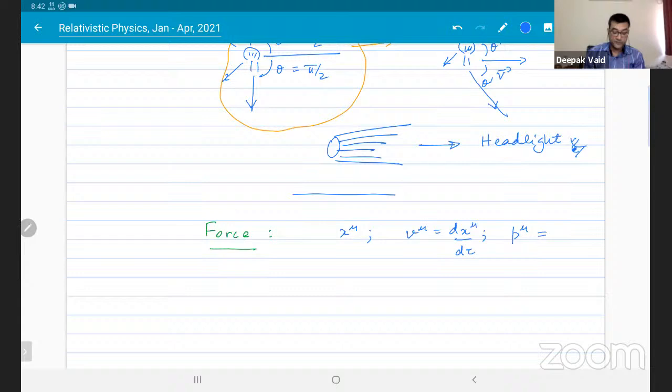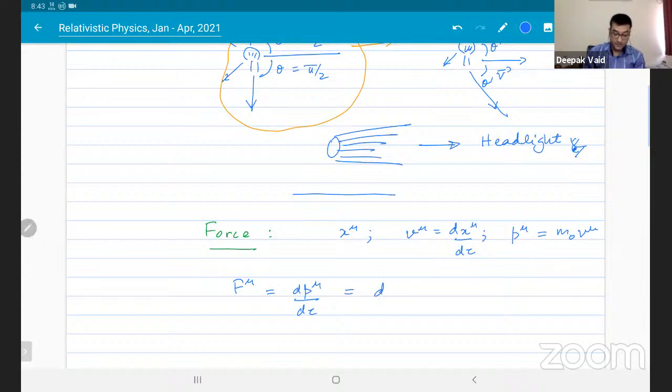We have the momentum 4 vector, which is m naught v mu. So what should be the force 4 vector? Well, the force 4 vector will just be the derivative of the momentum 4 vector divided by d tau.